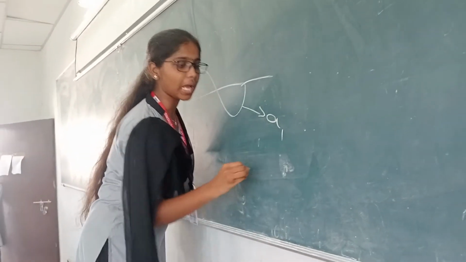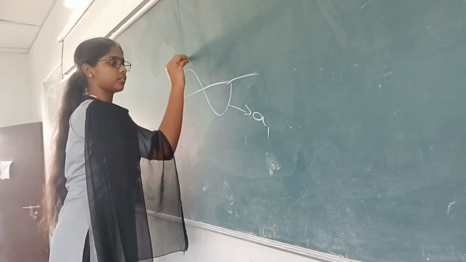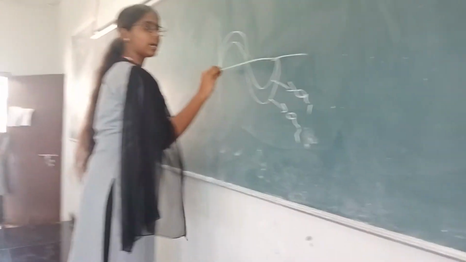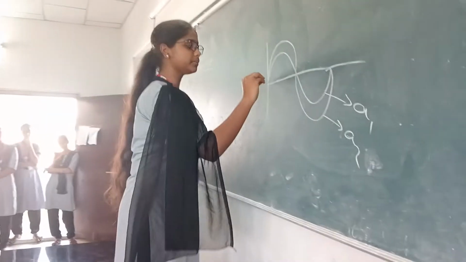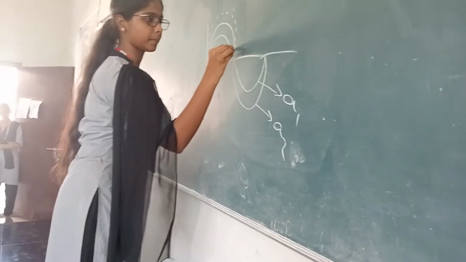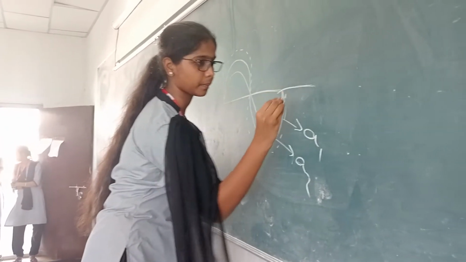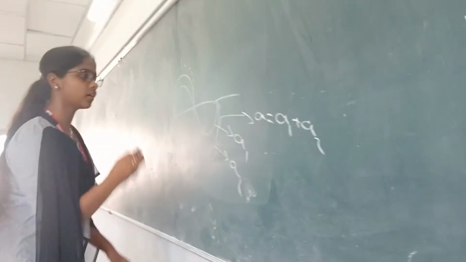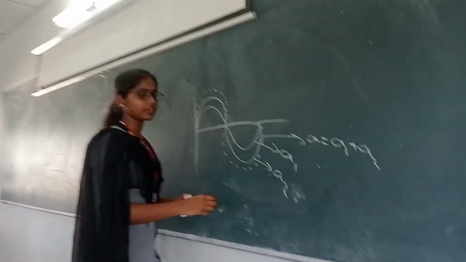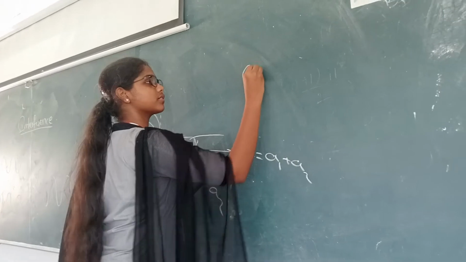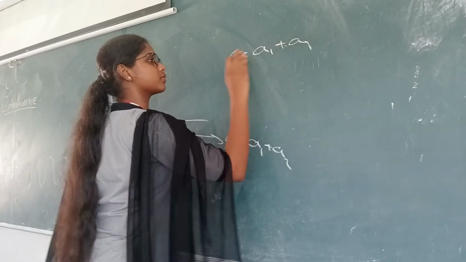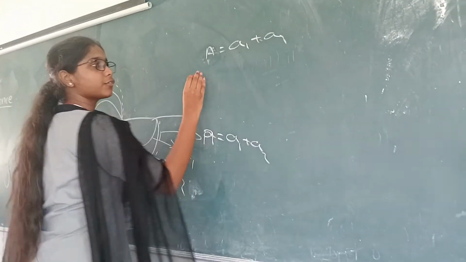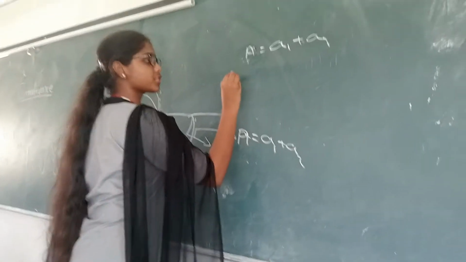This is A1, the amplitude of the first wave, and this is A2, the amplitude of the second wave. And in constructive interference it should be in sum. And it has a calculation. We have to add square on both sides.